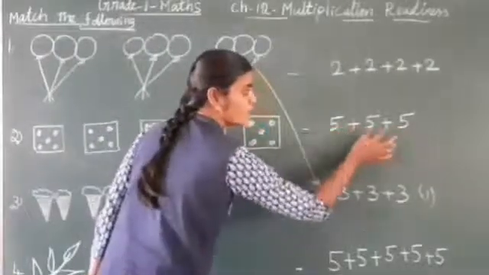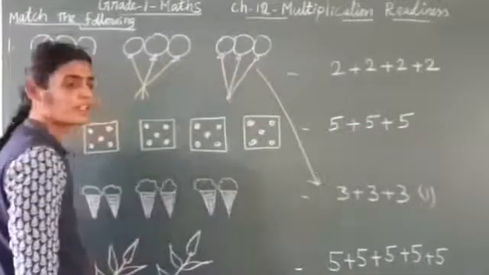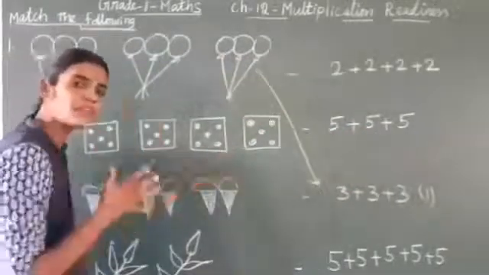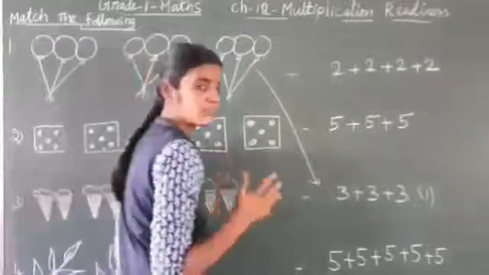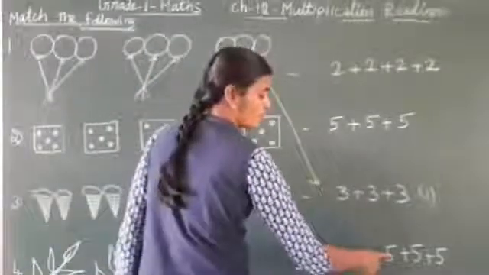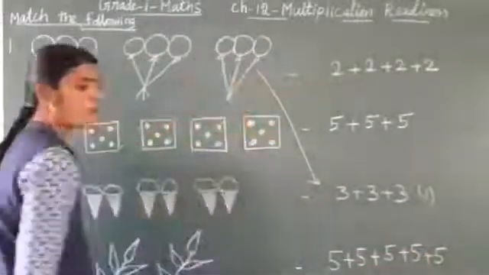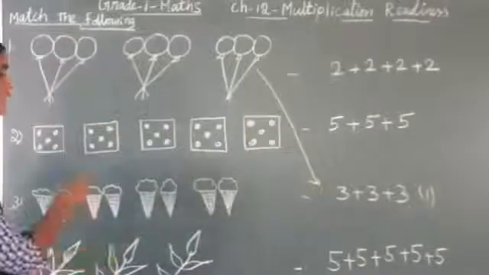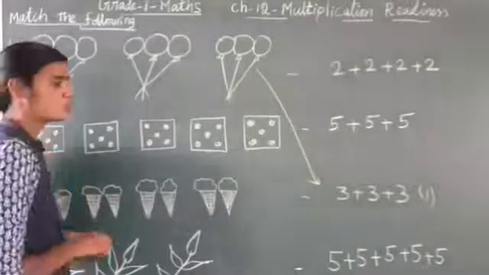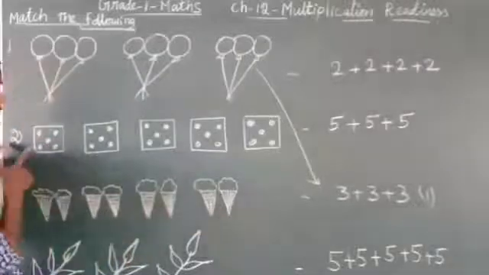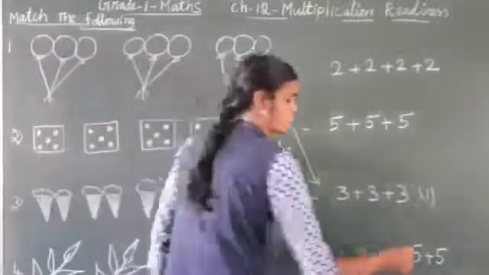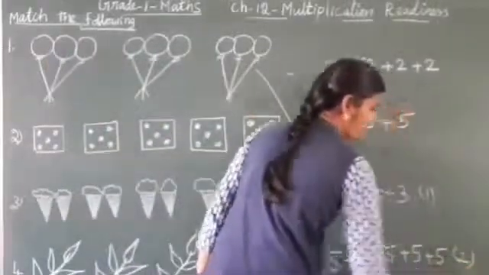Only 1, 2, 3 times repeated. But here there are 5 groups, that means 5 times repeated. 1, 2, 3, 4, 5. The last option is the only correct one for this second one. So where you have to write 2 here.